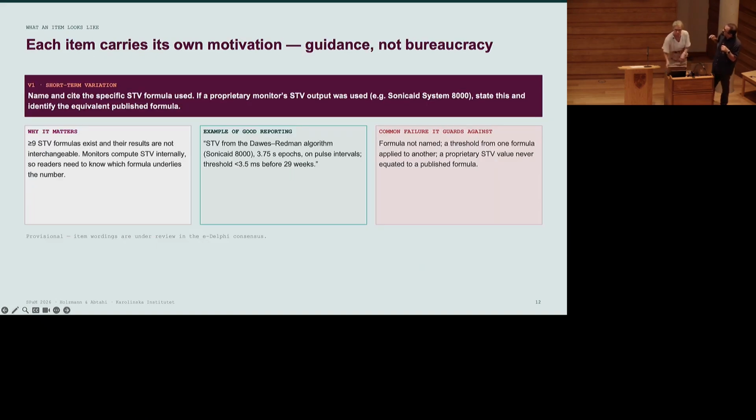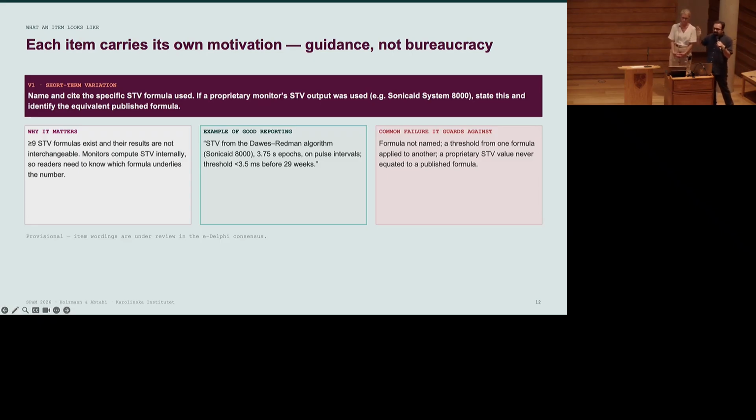Perhaps each item is going to carry its own weight: the motivation for each item, why you need to report it, what is maybe the best example of how to report it, and perhaps also some common failures, or how it should not be reported, if possible.